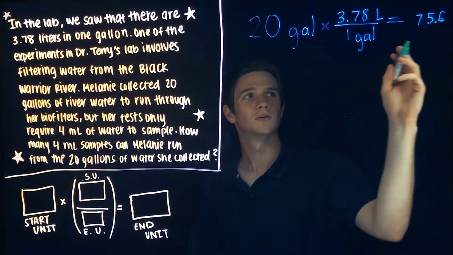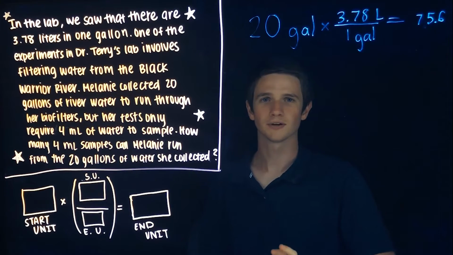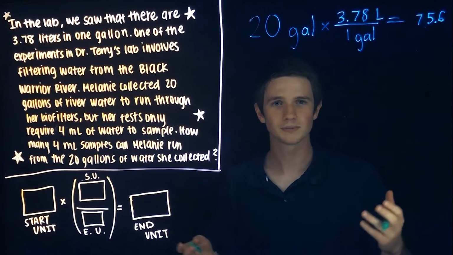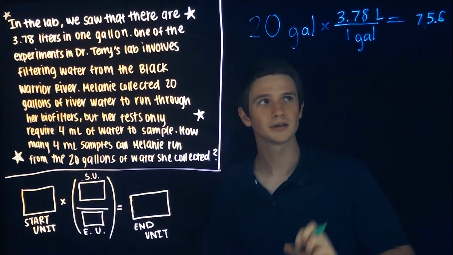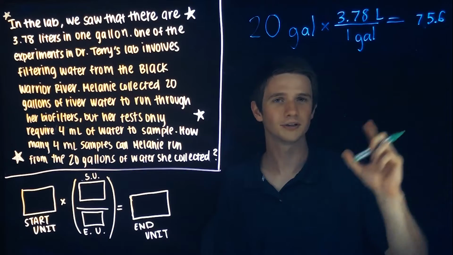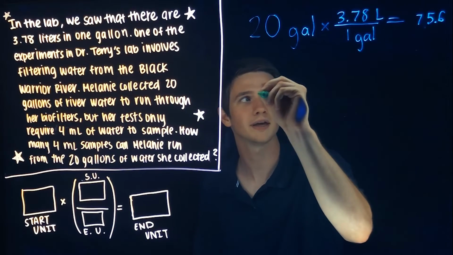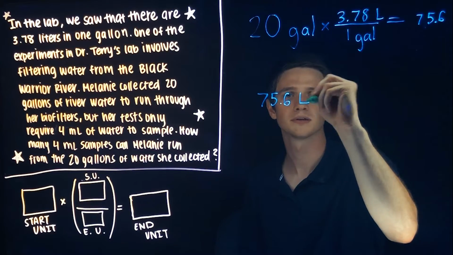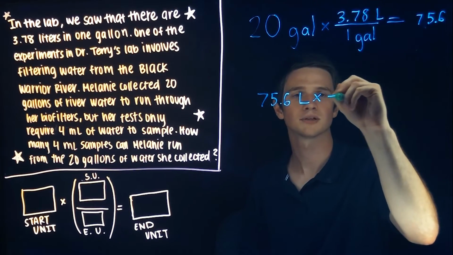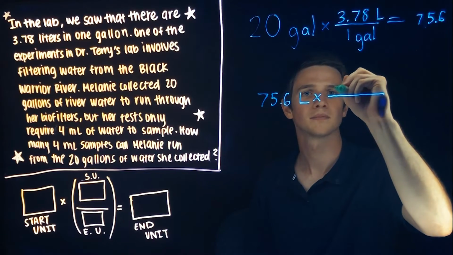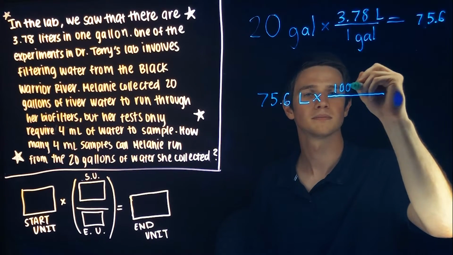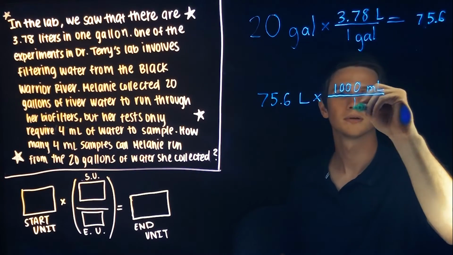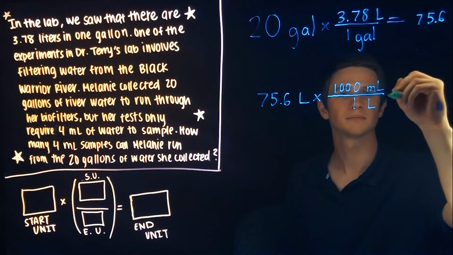Now, once we've got it into liters, we need to convert it into milliliters. The metric system is nice because everything is in multiples of 10. So a milliliter is 1/1000th of a liter. So let's do that conversion. We have 75.6 liters times a conversion factor of 1,000 milliliters per 1 liter.